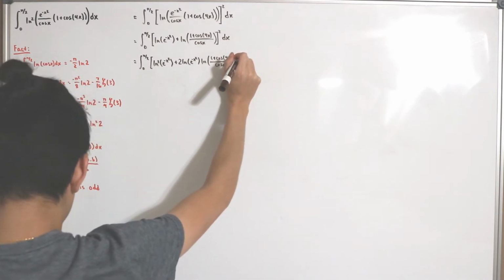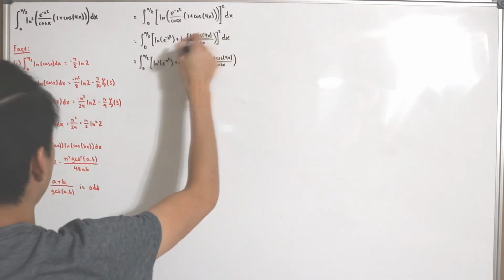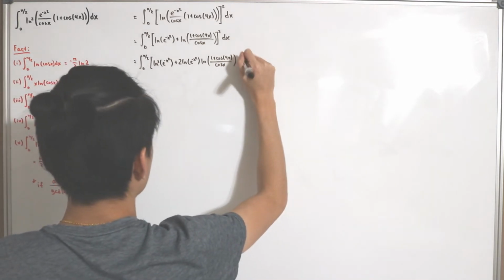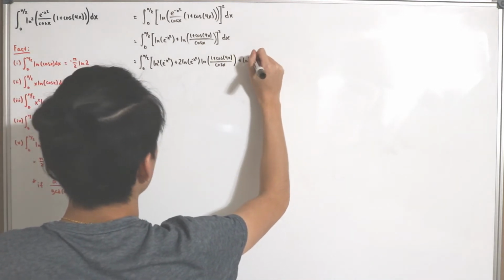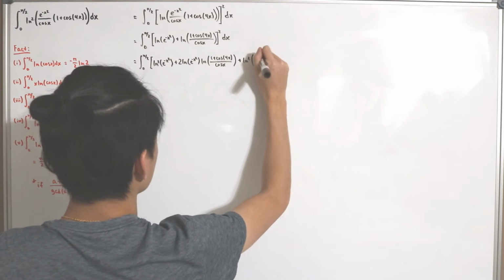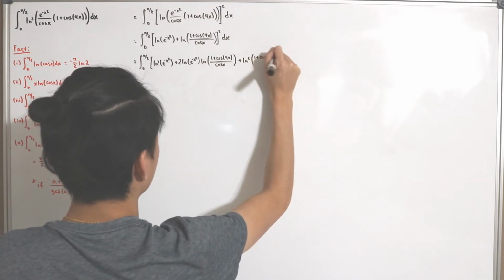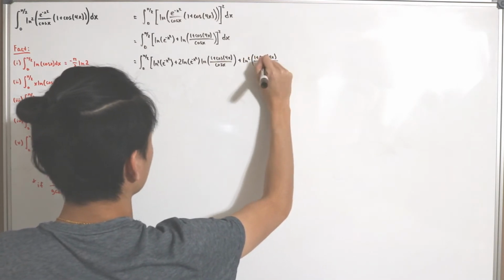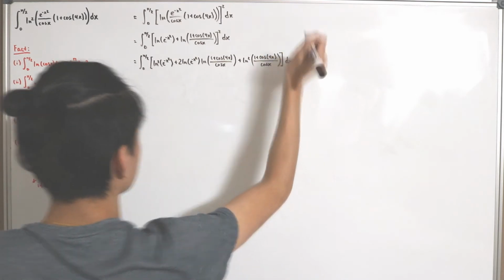And then multiply the outer, so this is plus the natural log squared of 1 plus cosine of 4x divided by cosine x, dx.